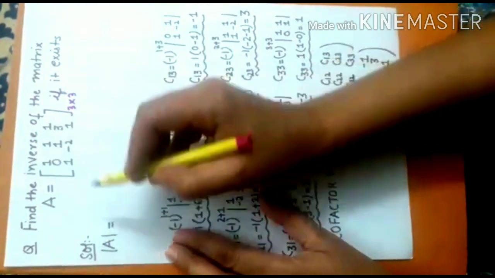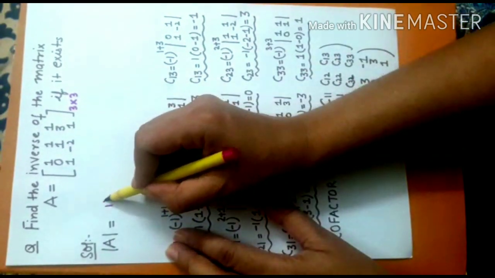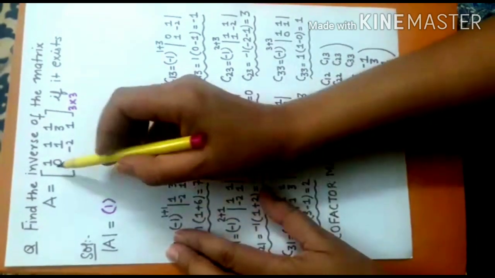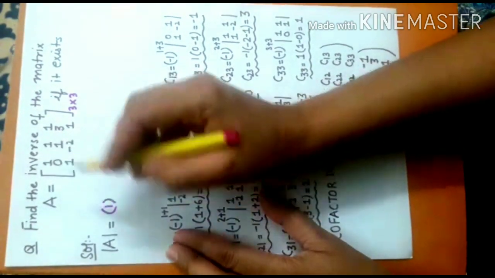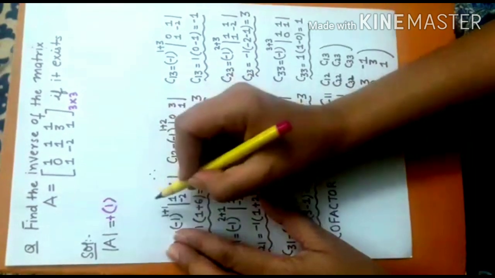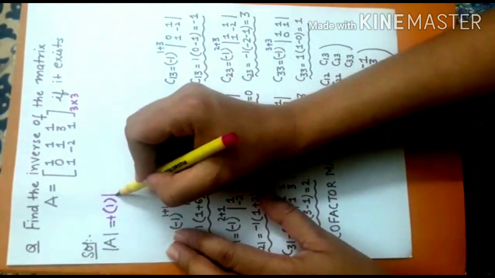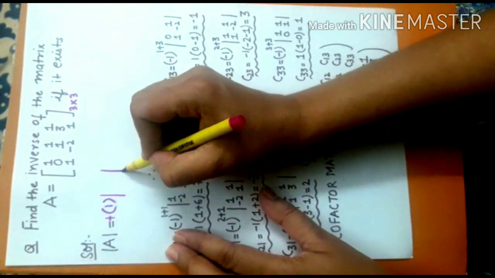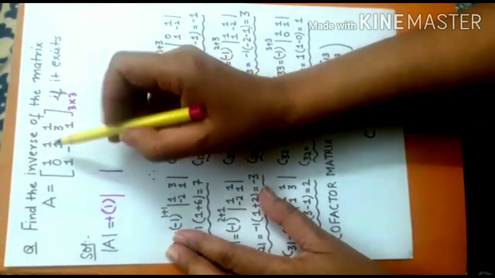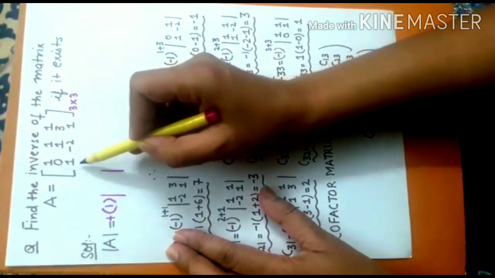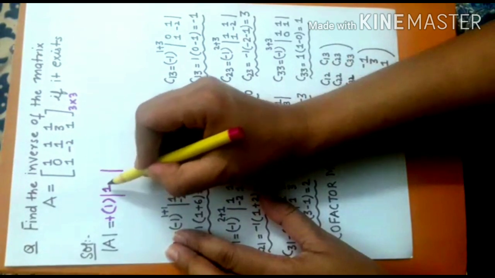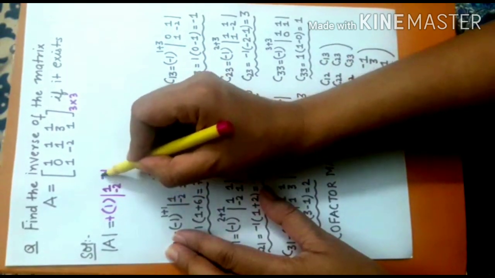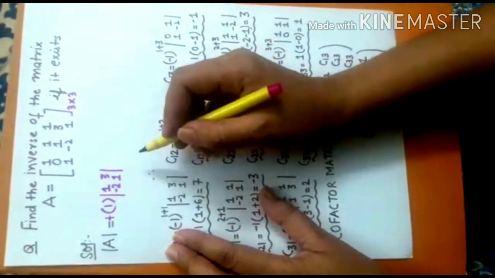So take up the first element, which is 1. Its position is A11, so I'll take here plus sign. Delete the row and the column in which this element lies. So I delete the first row and the first column. So I'm left with the submatrix whose determinant is this.